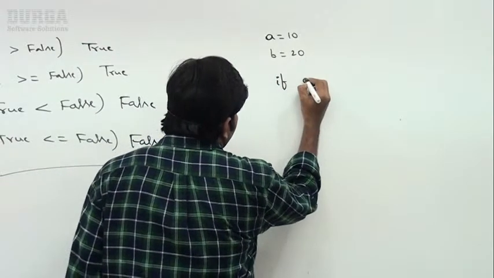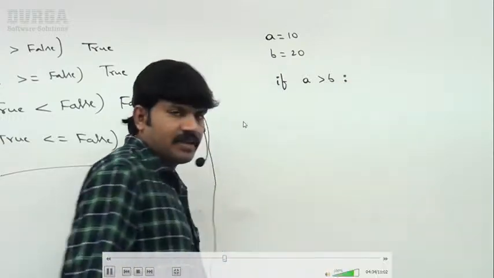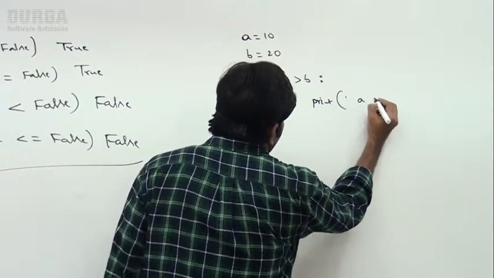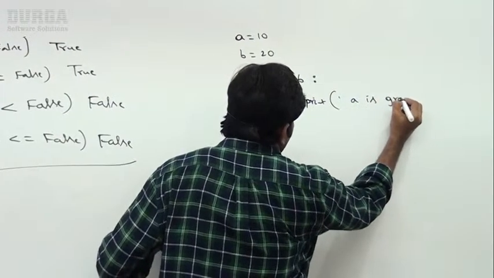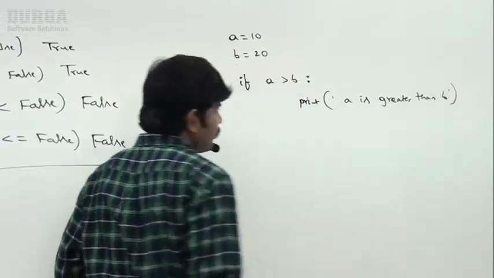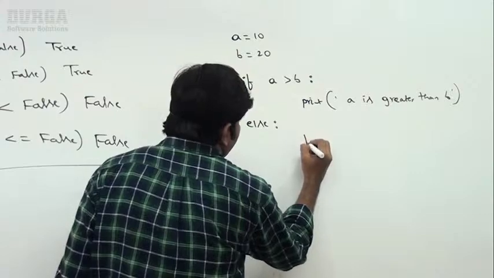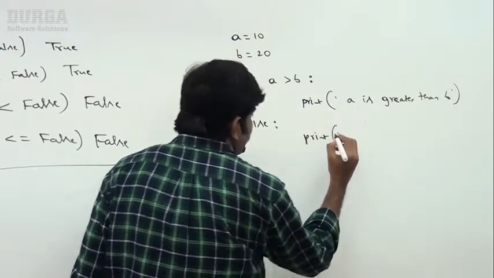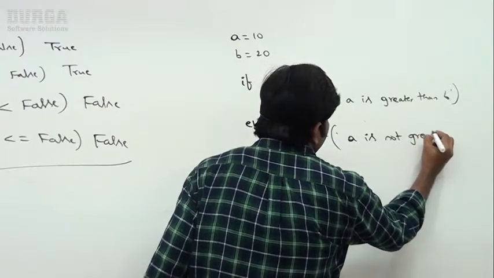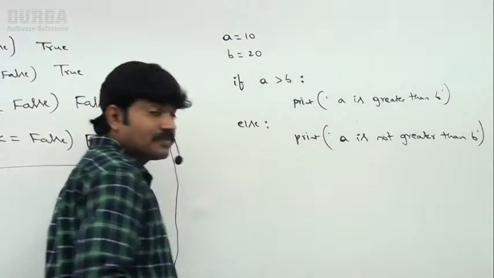If A greater than B, can you please print A is greater than B. Else, print A is not greater than B, like this I am taking, sir.